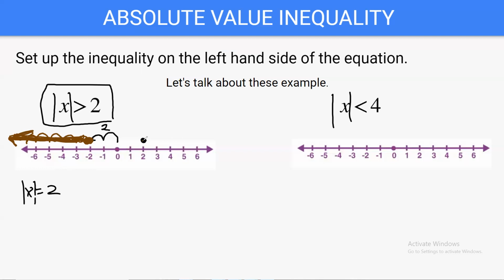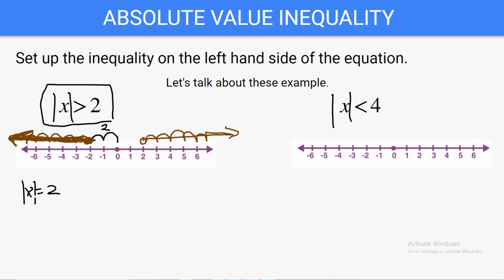And how about 2? I'm at 2. I want things that are greater than 2. So this circle, class, is actually going to be what? Open. Okay? Because it equals 2, right? So at what distances here is going to be greater than 2? If I move to 3, 4, 5, 6, 7, and so on and so forth.